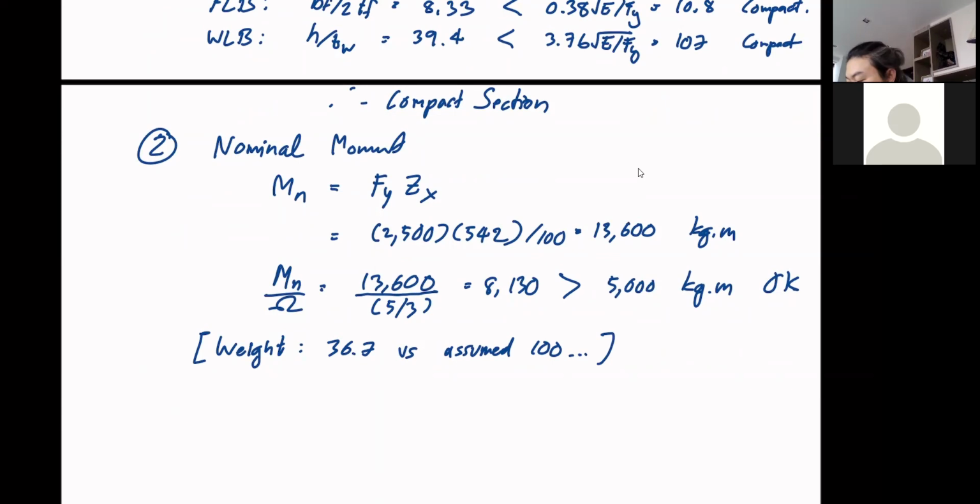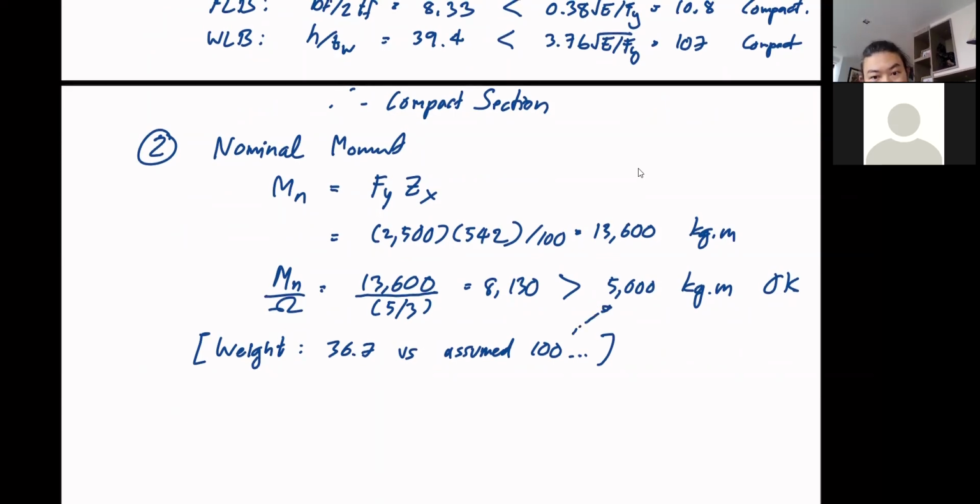So if you go back and calculate the actual moment, which you may want to do, but you don't have to, you're going to get the real number less than 5,000. Or maybe you say, hey, you're not doing things right. This is not 5,000. Yeah, fine. We can say that the Ma is in orange, 1,500 plus 36.7 times 5 squared over 2.